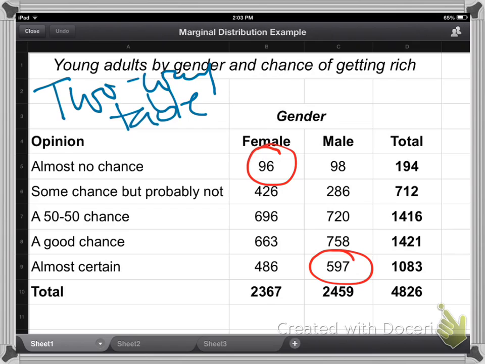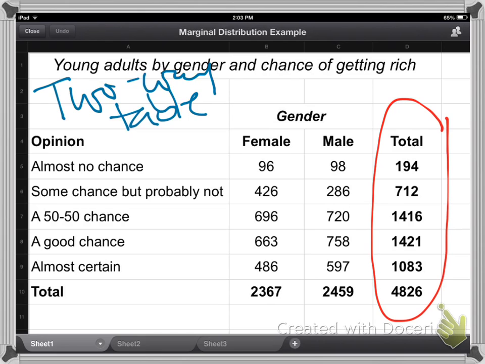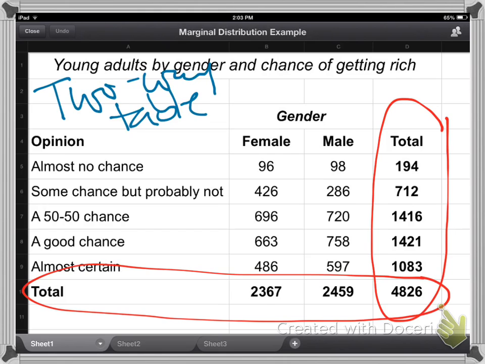So this table does provide a nice summary for how all of the responses shaped out. So a few things to notice. First of all, of course, we're just looking at the counts here, the counts of all the people who responded to the survey in various ways based on their gender. And then we also have in the final column and the final row the totals for each of the categories.